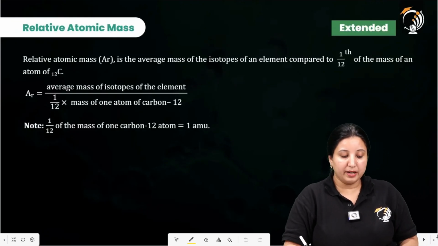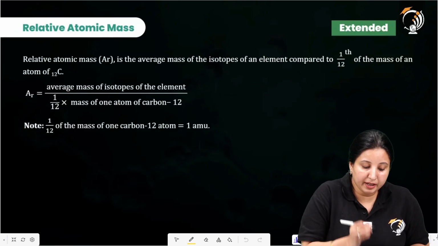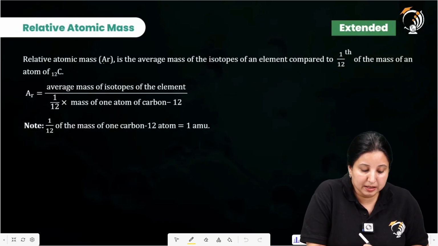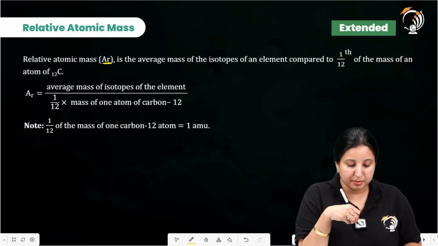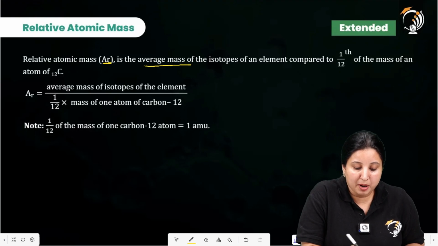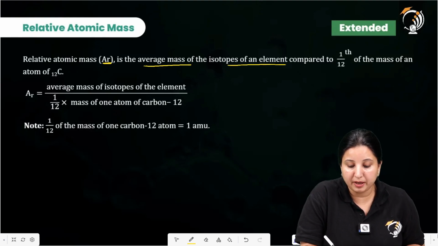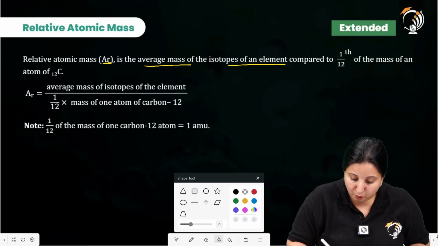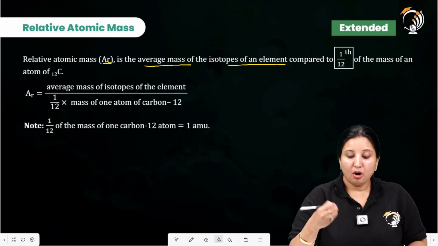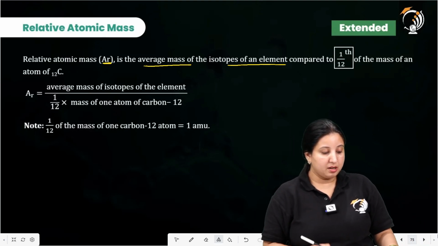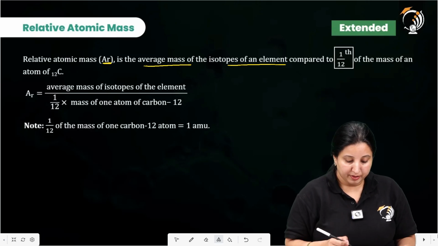Now, what is relative atomic mass? Relative atomic mass is represented by Ar. Do not get confused by the argon symbol. It is the average mass of the isotopes of an element compared to 1/12th of the mass of an atom of carbon-12. This is important.